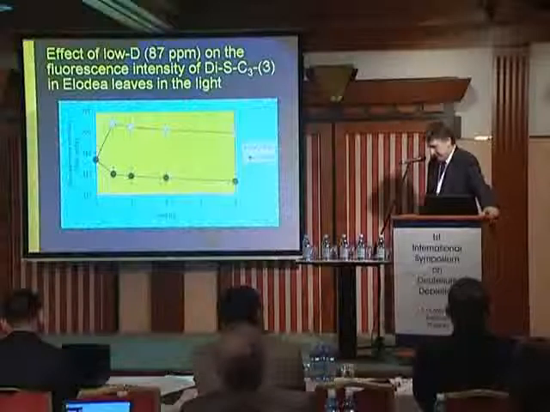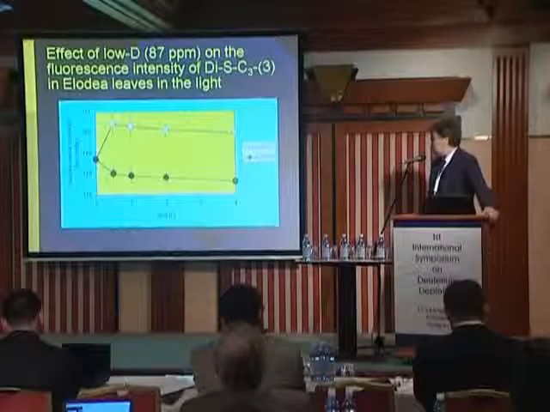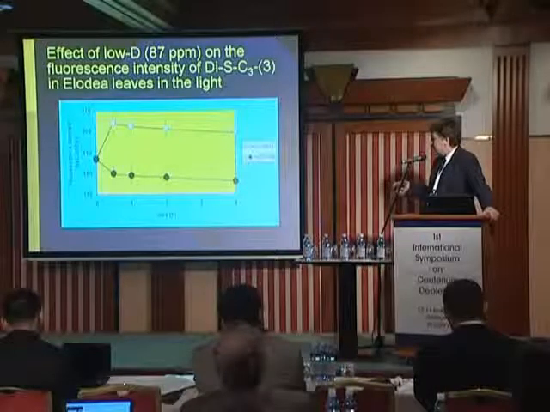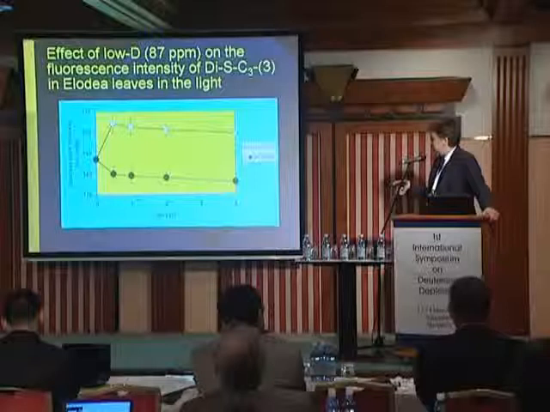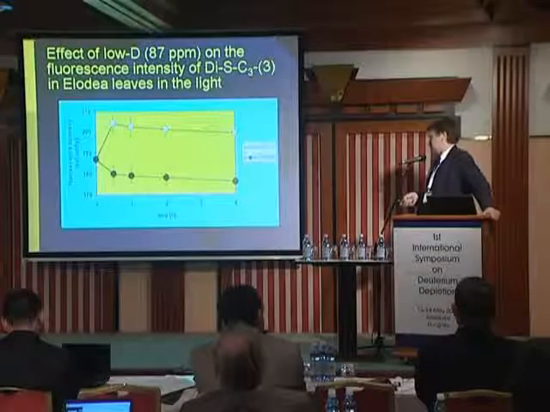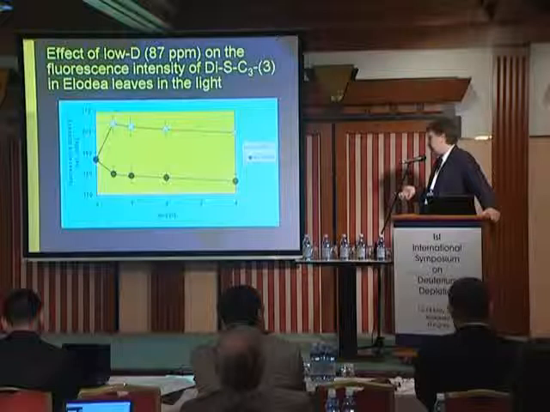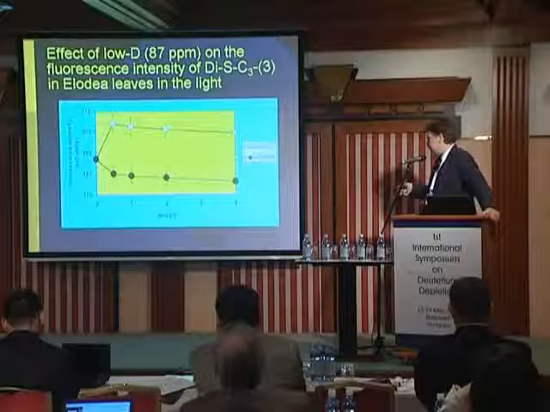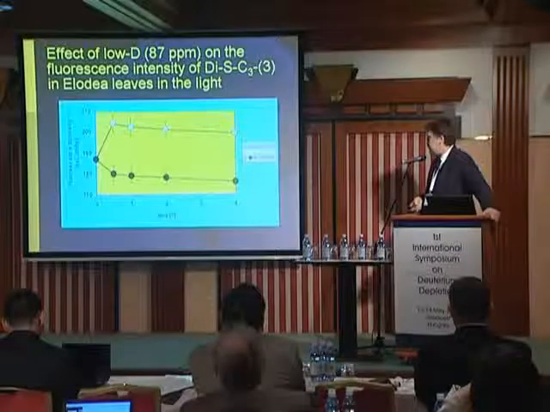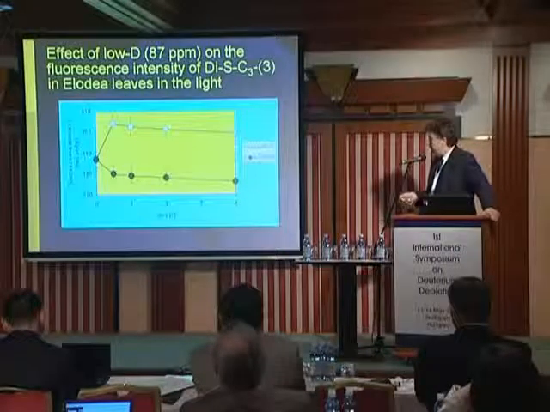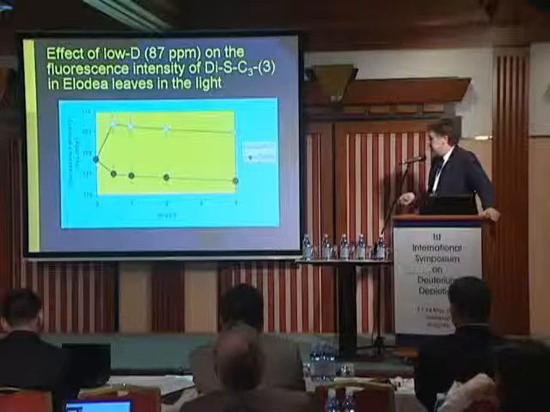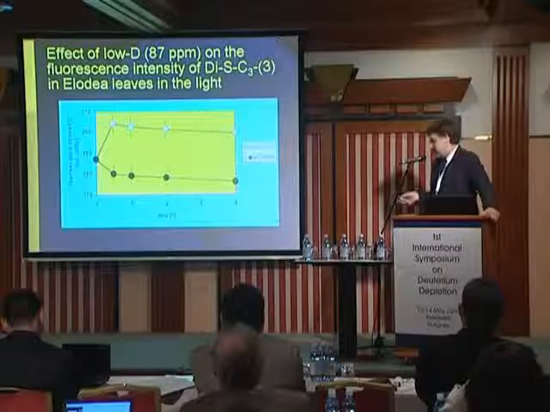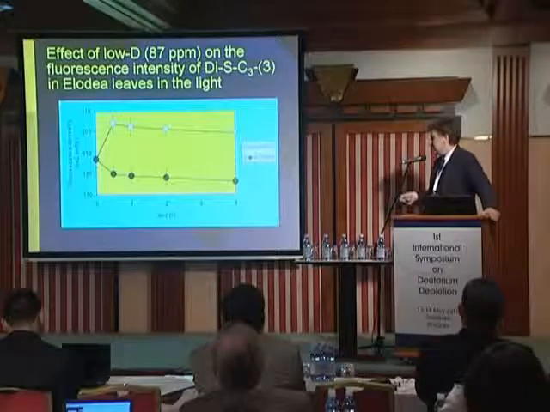So we did this experiment with low D water, and what we saw was that in the first half of the experiment, in the light, the plant cells took up a huge quantity of this dye, and after that the rate of the dye taken up was relatively similar to that of the control. And that can explain, at least partly, why we observed this relatively significant external acidification.